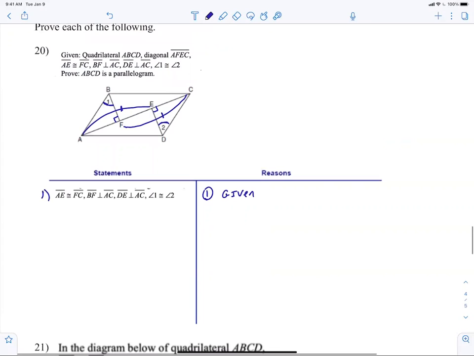Now, all we know is it's a quadrilateral. Anybody?